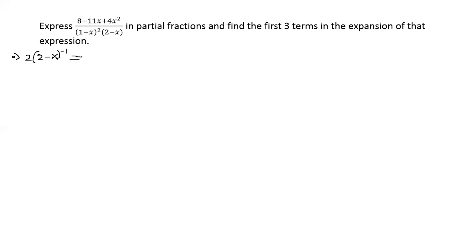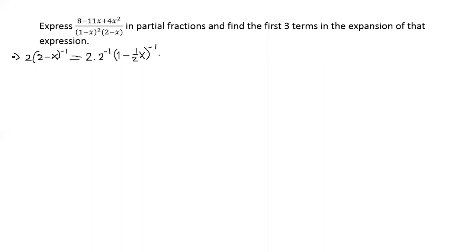It becomes like this: 2 times 2 to the power negative 1 times (1 minus a half x) to the power negative 1.